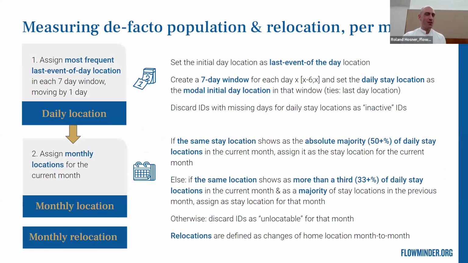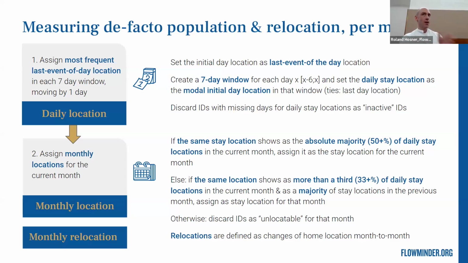To give you a quick idea of the measurement side, of how we identify both a location and a flow, a change of location, we always start with daily locations. So for every day where there's an event for a user, we take the last event of the day to identify a location, as is done by most researchers.